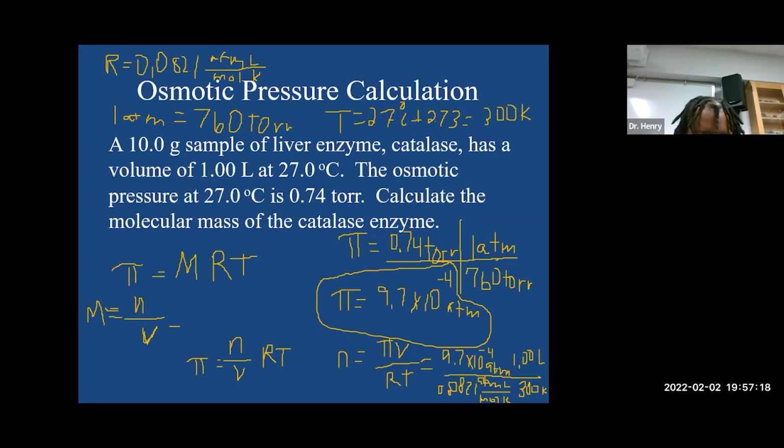Okay, so then we get N equals 3.9 times 10 to the minus 5 moles.